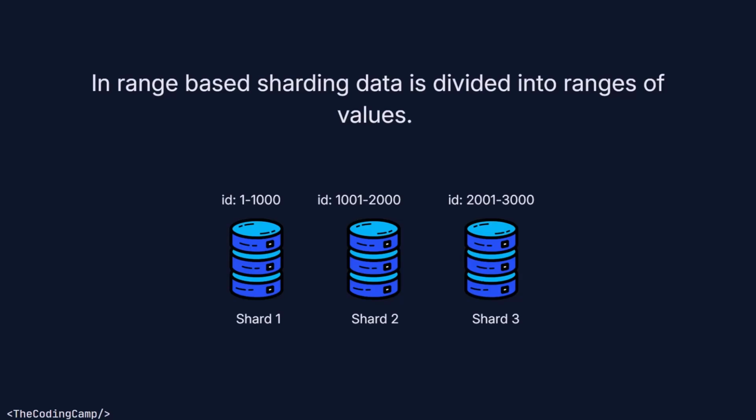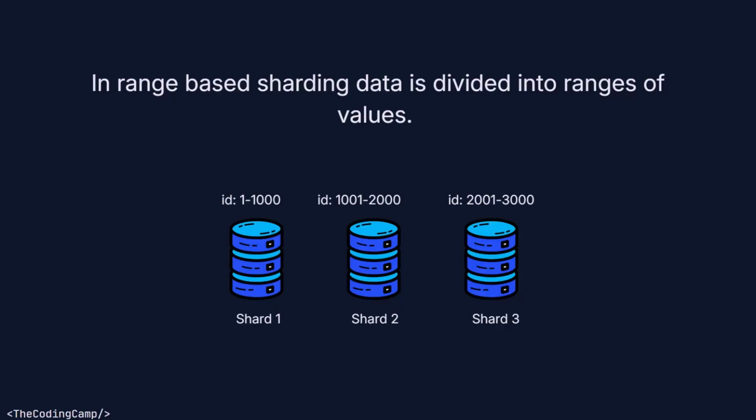First, range-based sharding. Data is divided into ranges of values. For example, shard 1 contains user IDs ranging from 1 to 1000, shard 2 from 1001 to 2000, and shard 3 from 2001 to 3000. That's a simple and intuitive strategy and efficient for range queries.